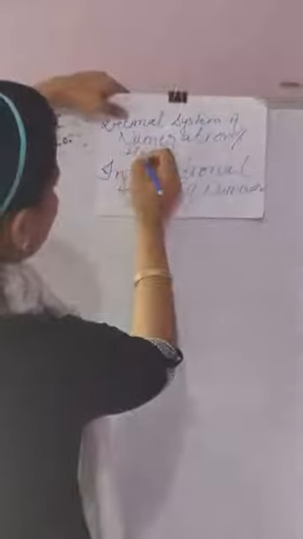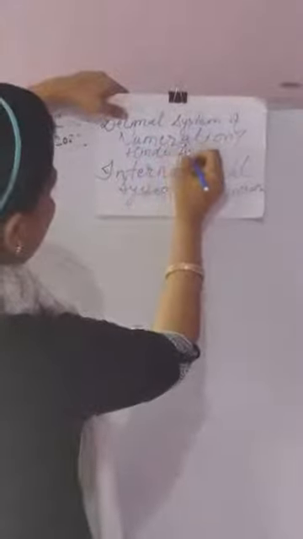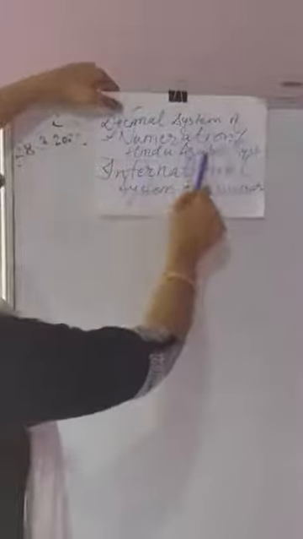The decimal system is also called the Hindu-Arabic system. Decimal system of numeration or Hindu-Arabic system of numeration, you have learned up to class 4. Now the new system is the international system of numeration.